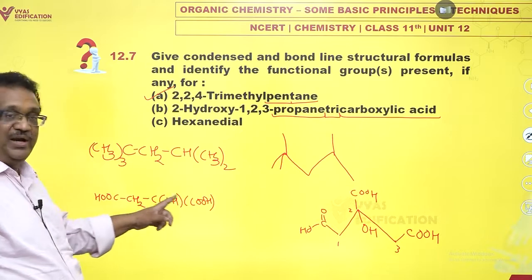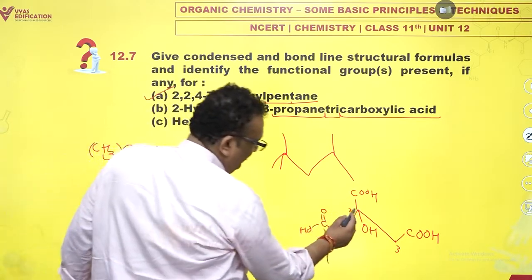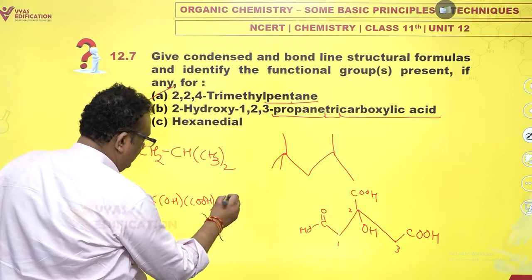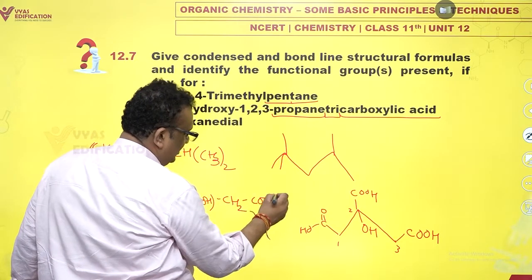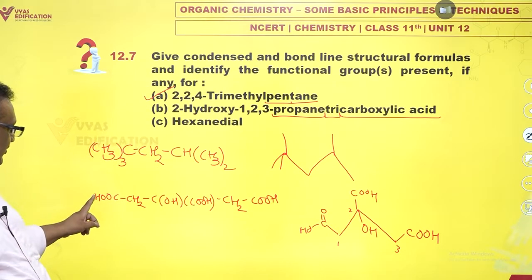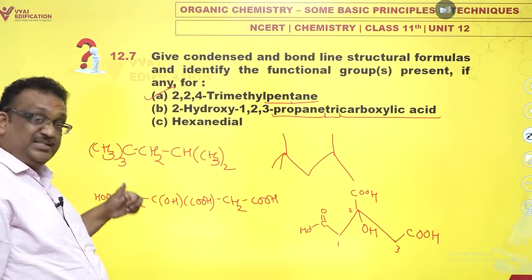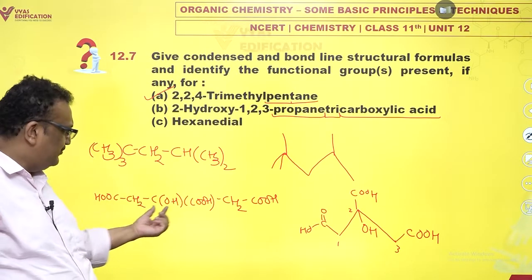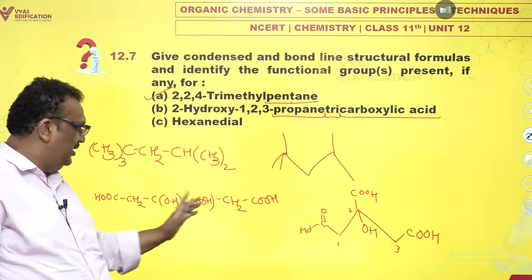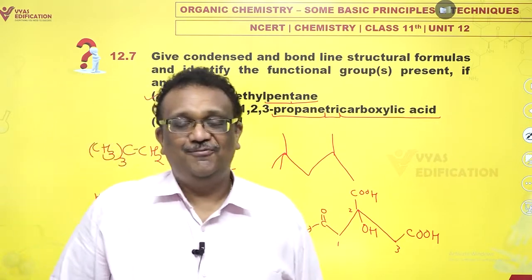Side chains are written in brackets. Simply that is condensed formula. And then we have another CH2 which is again attached to COOH. So we have COOH, CH2, one carbon, then second carbon which is attached again to OH and COOH. Since they are side chains, they are just put in round brackets one after the other, and then we have CH2COOH. This is the condensed formula.